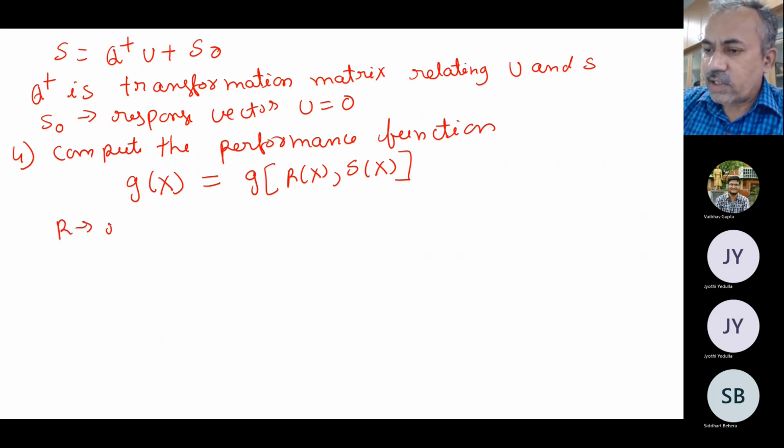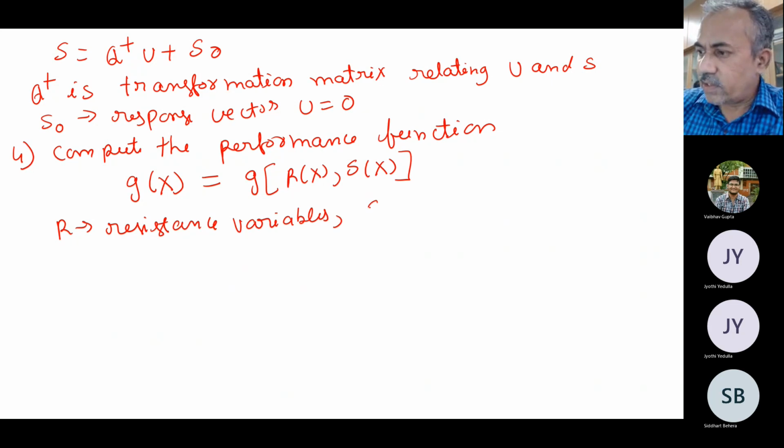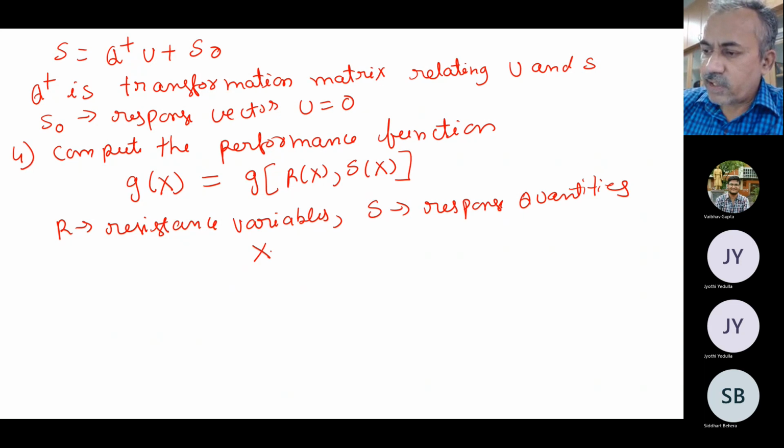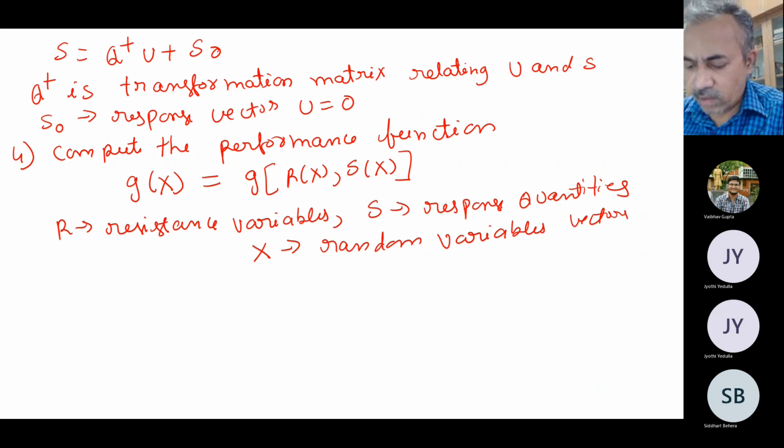R is the resistance variables, S is the vector of response quantities, and X is all the random variables, like Young's modulus or whatever. All the random variables you put in X.